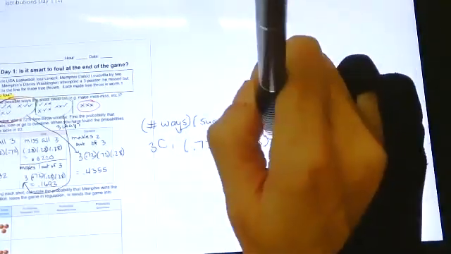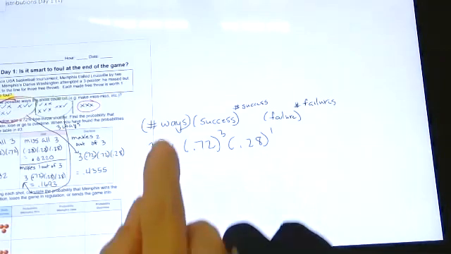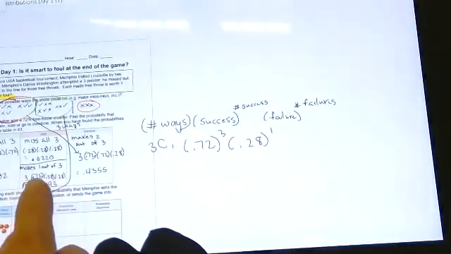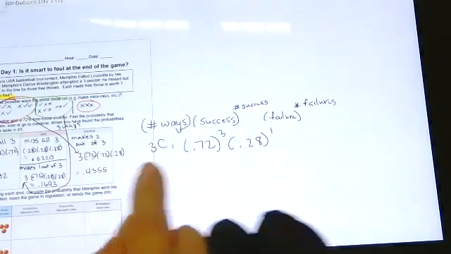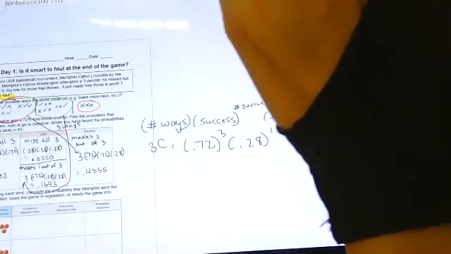Successes: we had 0.72 for our success. We had 3 of them. Failure: we had 0.28 for our failure, and we had 1 of them. So this right here is basically this calculation. Oops, that one. Why did I put a 3 there? We did not have 3 successes.